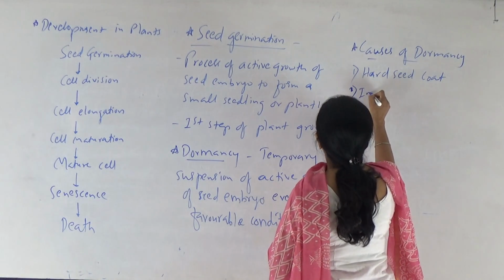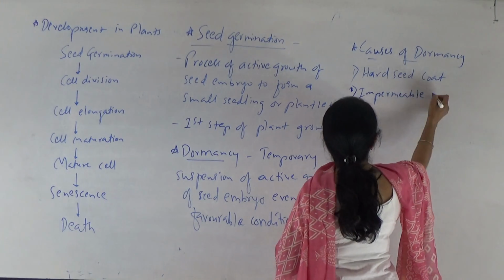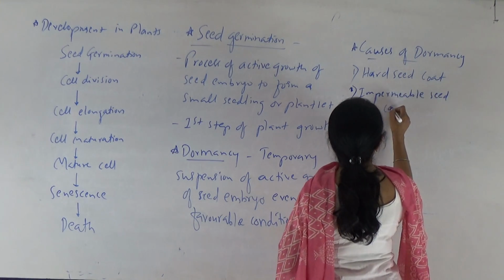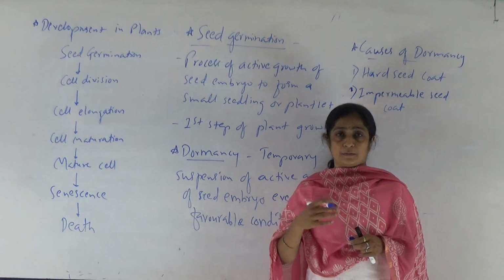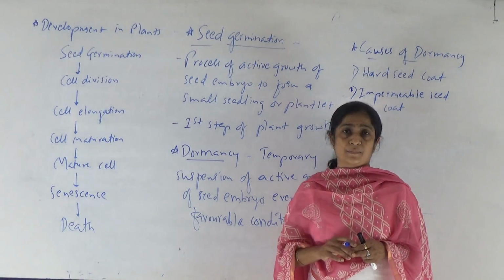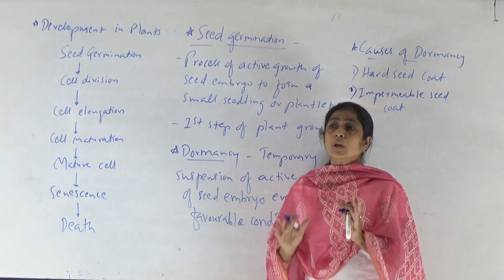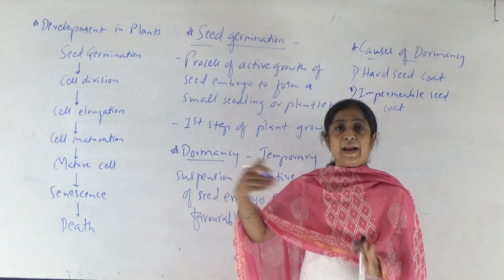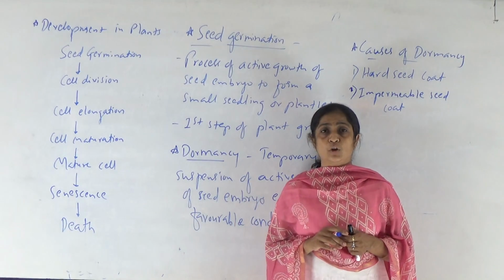Then the second reason, impermeable seed coat. This is another reason, especially in seeds like legume seeds. The seed coats are impermeable. No doubt during seed germination, water enters into the seed through the micropyle. This we had seen already in another topic, right?